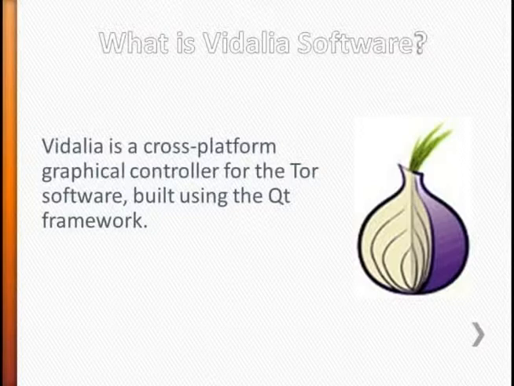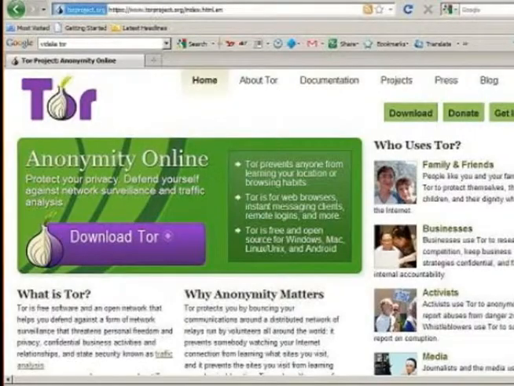What is Vidalia software? Vidalia is a cross-platform graphical controller for the TOR software, built using the Qt framework. Vidalia runs on most platforms supported by Qt 4.3 or later, including Microsoft Windows, Apple OS X, and Linux or other Unix variants using the X11 Windows system.